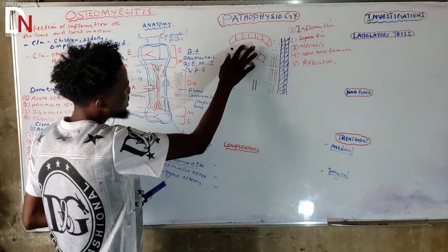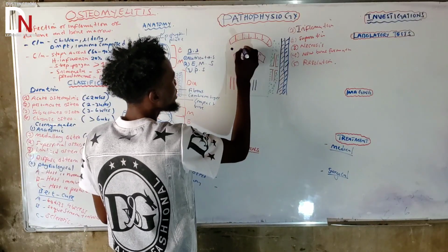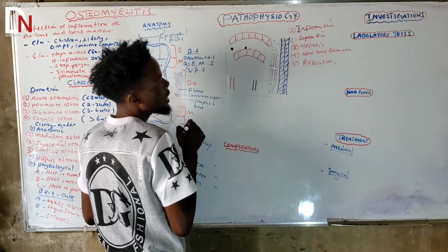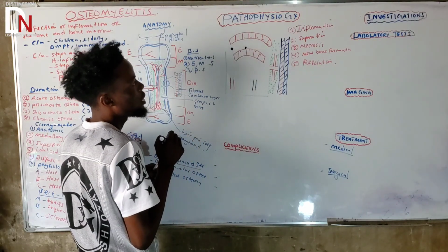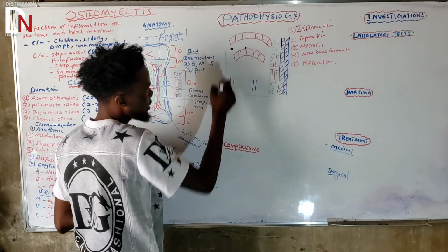Now there are some factors that we need to talk about that will make this Staphylococcus start attacking the endothelial lining and causing damage to it. What are those factors promoting that? Let's write them here.